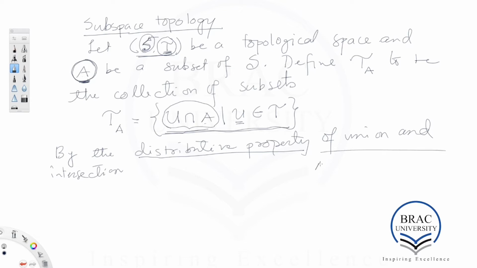If A, B, and C are sets, then (A union B) intersection C is equal to (A intersection C) union (B intersection C).